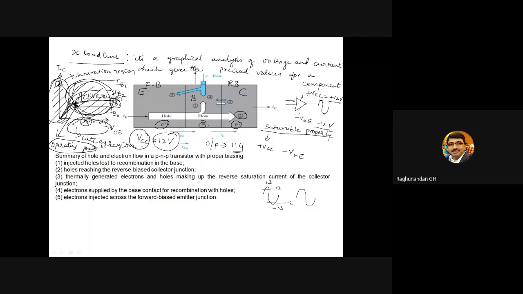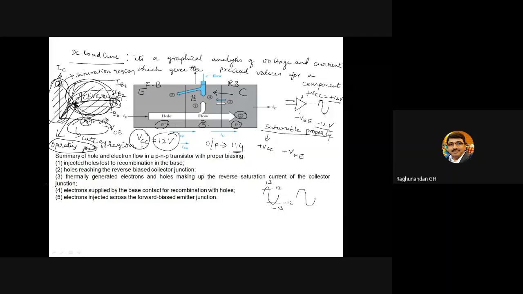When more and more reverse voltage is applied, the depletion layer is going to increase. That is one case. Apart from that, the thermal energy will be increasing. That means heat dissipation will increase. When heat dissipation is increased, the electrons, which are minority charge carriers in the P layer, get excited and they start moving.